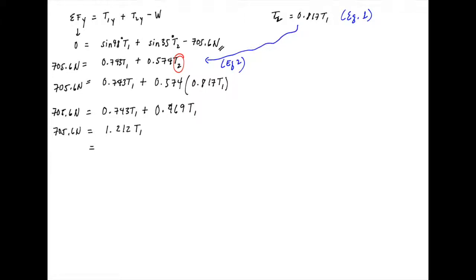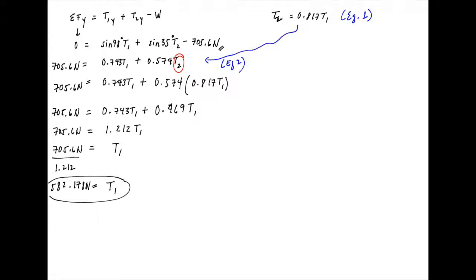Now, how we could get the value of T1 now? We could have T1, divide both sides by 1.212, and then therefore the value of our T1 would be 582.178 Newton. This is the value of our T1.